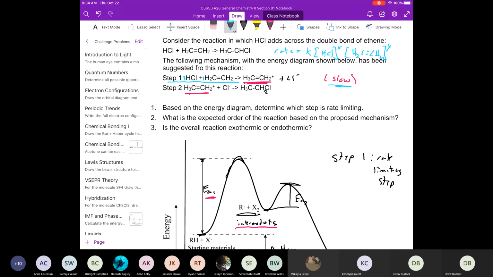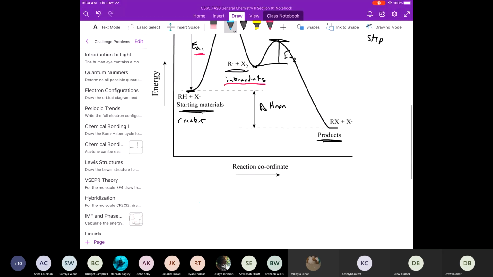These are going to be replaced. We can say that the rate of this reaction is going to equal some rate constant times HCl to the first, because in the slow step, the molecularity of HCl, the number of HCl's that are reacting, is 1.